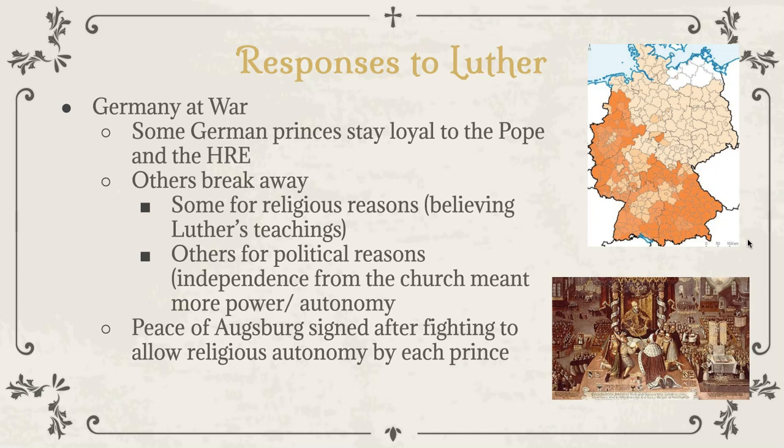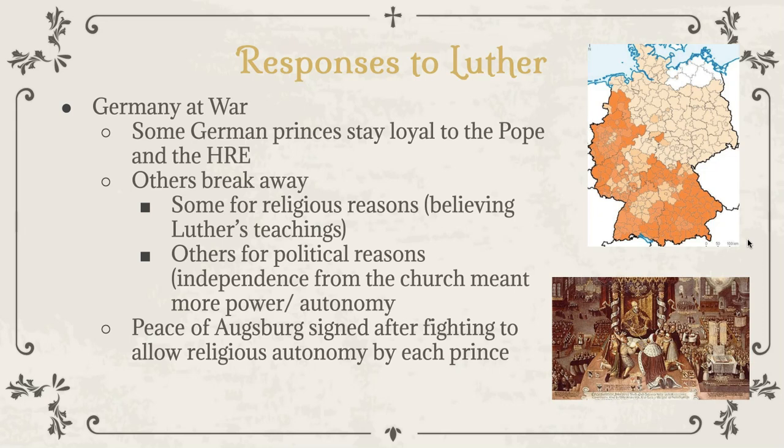Some others are also going to break away for political reasons, that they see that there's more power to be gained by splitting from the Pope and the Holy Roman Emperor, because then they can control more of what goes on in their smaller kingdom. And again, this is a big problem because Germany is very fractured.